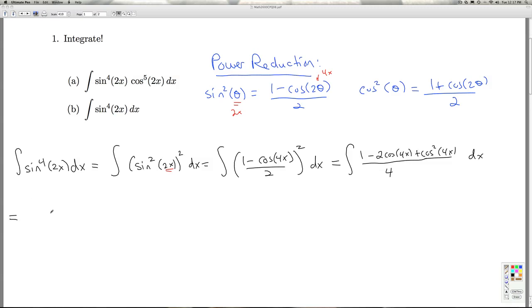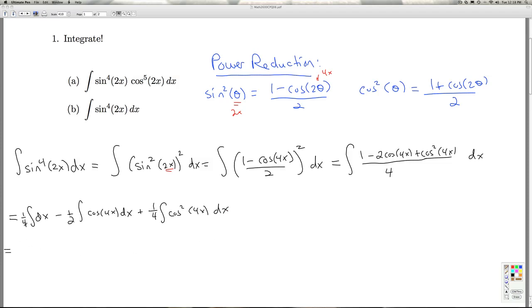which then I can break up. I've got the integral 1/4 dx minus 1/2 the integral cosine 4x dx plus 1/4 the integral cosine squared 4x dx.